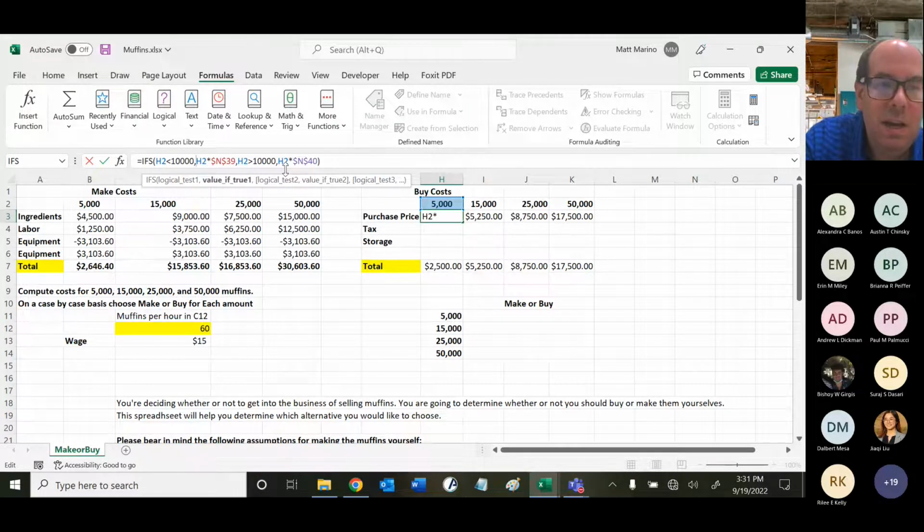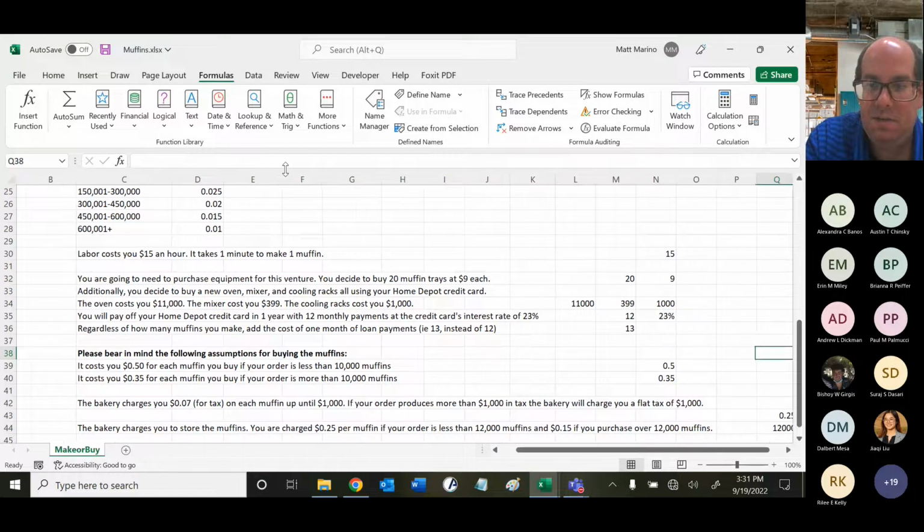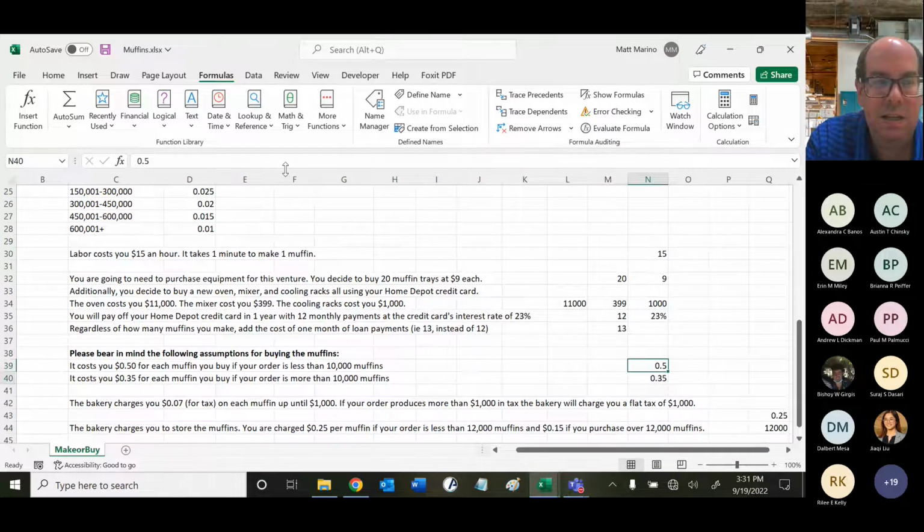So if H2 less than 10,000, comma, H2 times absolute M39, comma, H2 greater than 10,000, comma, H2 star absolute N40, close parentheses. They came up as 0. So then you'd have to scroll down and see if there's anything in N39 and N40. It should have 0.5 for 50 cents and 0.35 for 35 cents. Yeah, they're there. Okay.